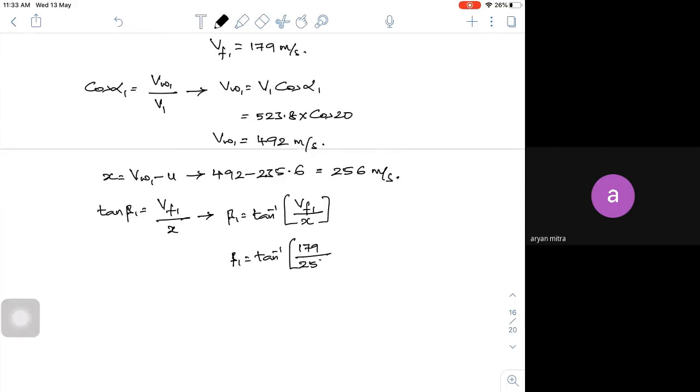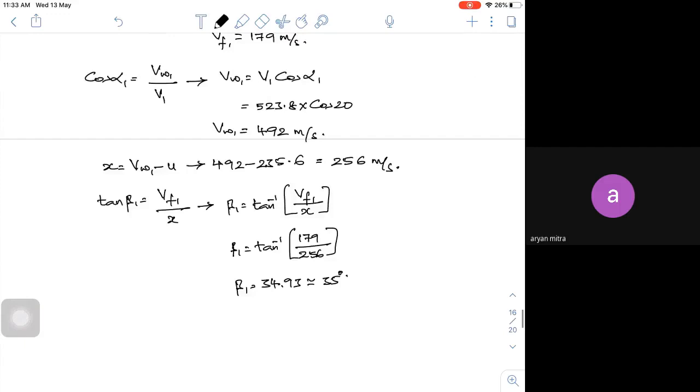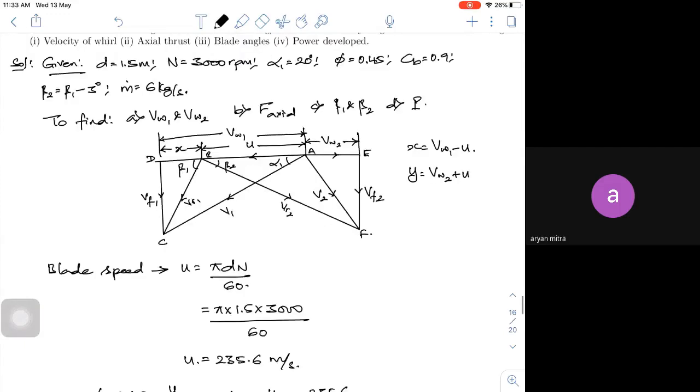If I take the tan inverse of it, I get around 34.93 degrees, so roughly I can take it as 35 degrees. One of the angles is given, so beta 2 is beta 1 minus 3. I have just now calculated beta 1, so what is your beta 2?